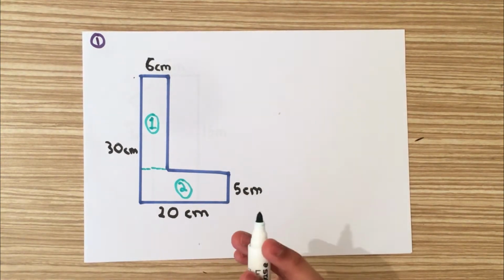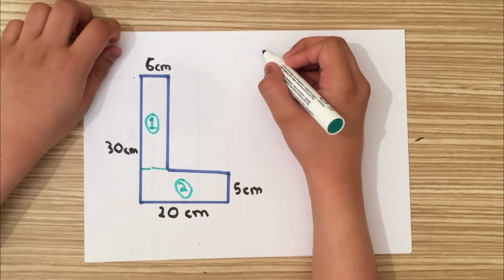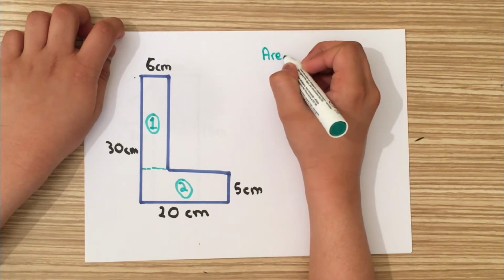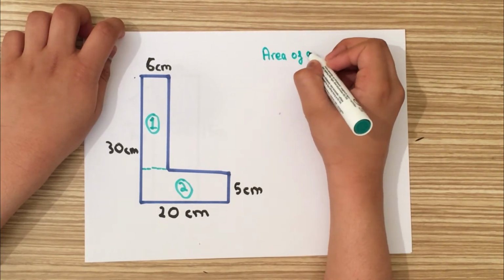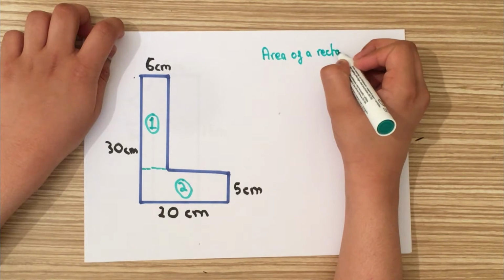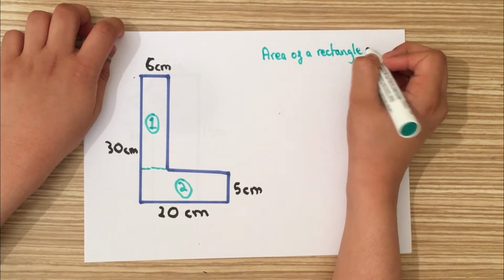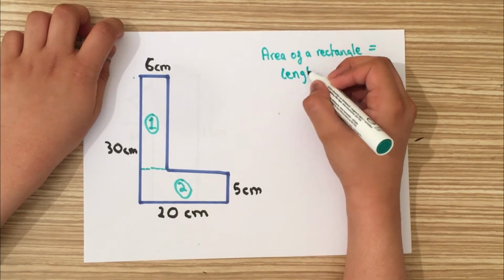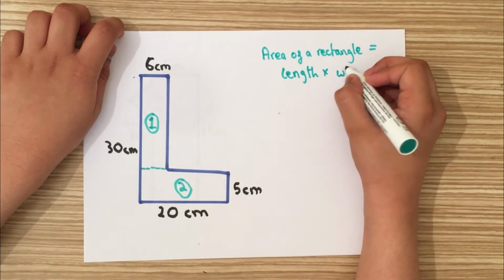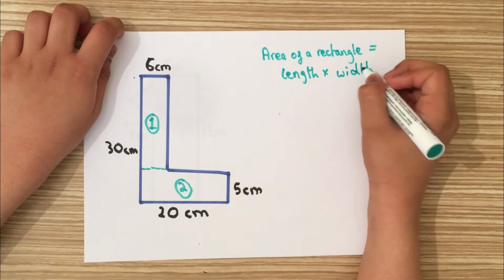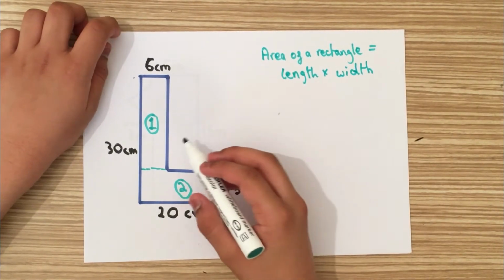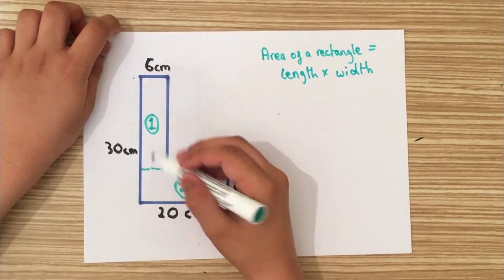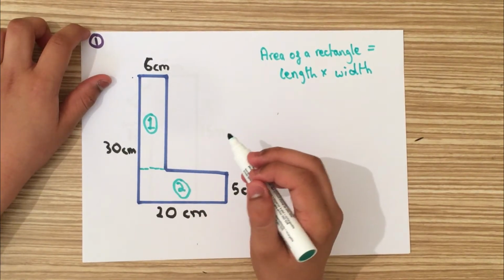Okay, so first let's state our formula. The area of a rectangle is equal to length times width. So first state the formula for 1 mark, then we have to calculate the area of one of these shapes. I'll do 1 first.